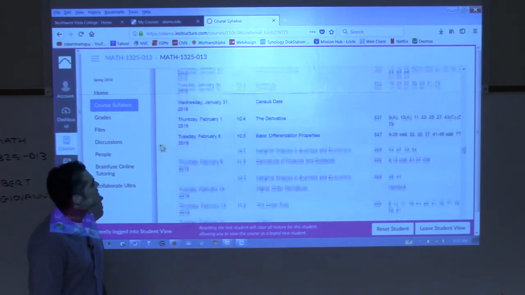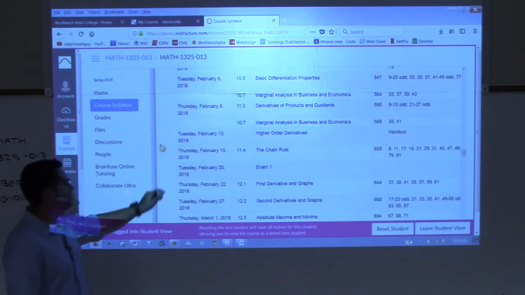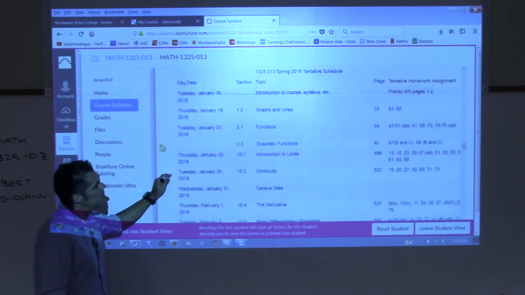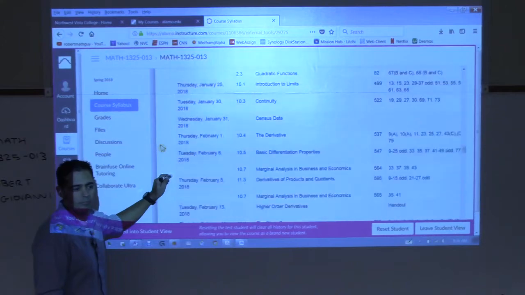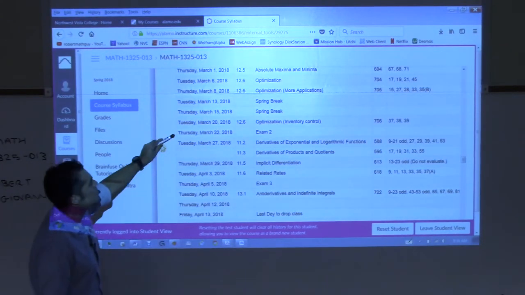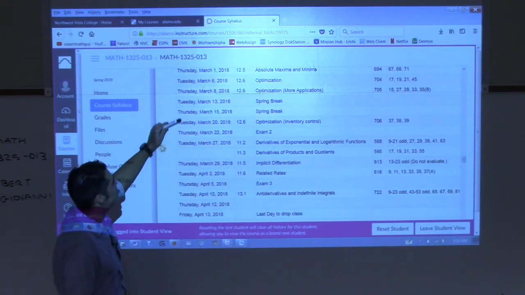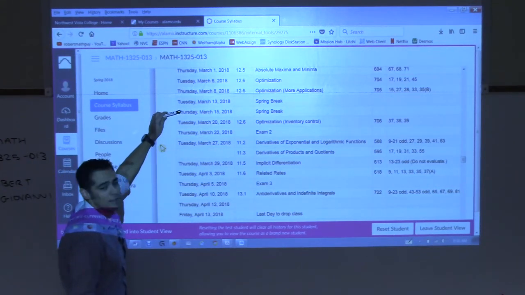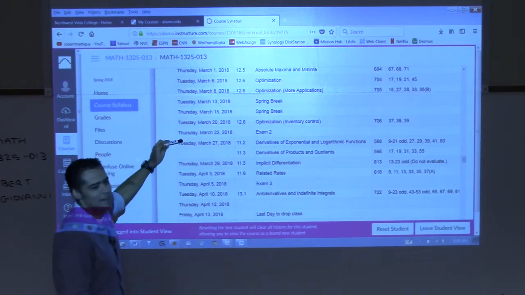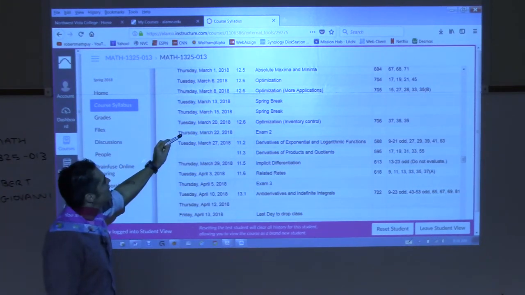And you see, let's see, where's that exam? Your first exam isn't until late February. So quite a bit of material on that first exam. All right, and then exam 2 is going to be on the 22nd. So it's after spring break. So you get to go on spring break, and you get to reformat your entire brain over spring break and then come back and have to take an exam that next week.